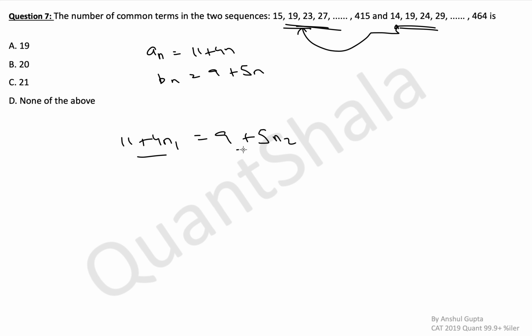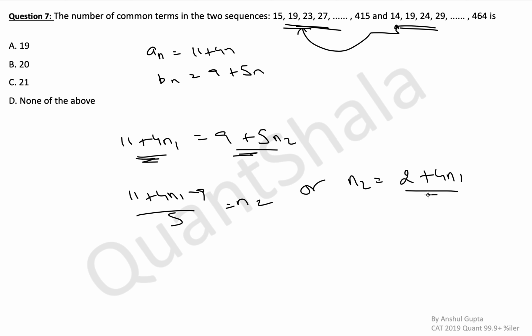Common term is there, but those might occur at different positions, so that is why n1th term here and n2th term here. So you can write this as 11 plus 4n1 minus 9 divided by 5 is equal to n2, or you can say n2 is equal to 2 plus 4n1 divided by 5.